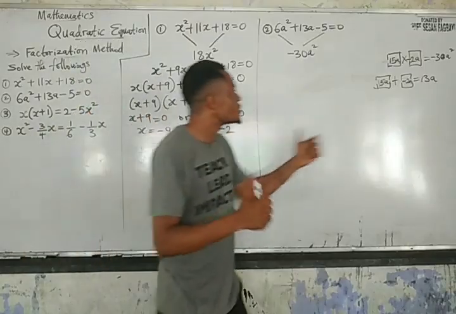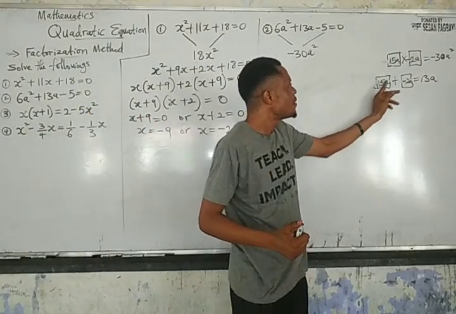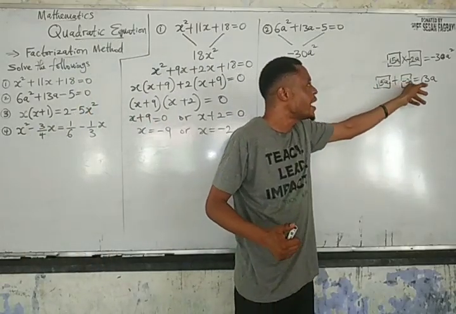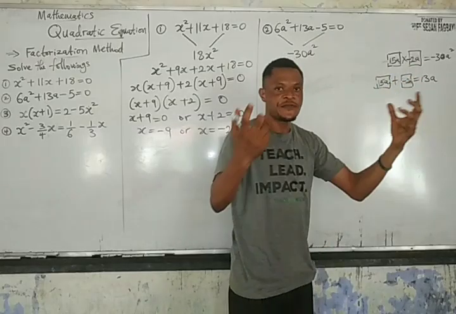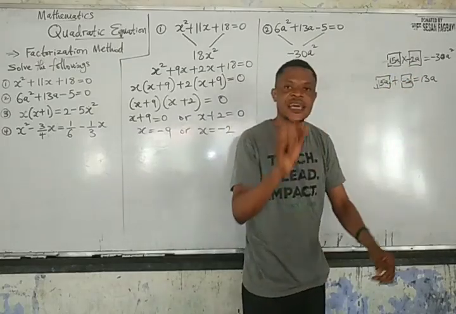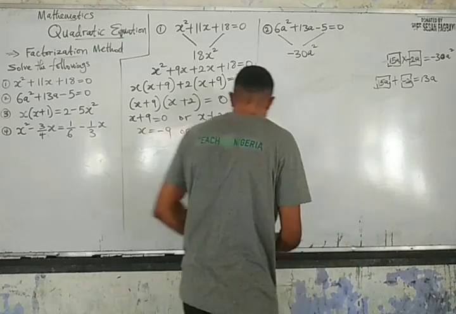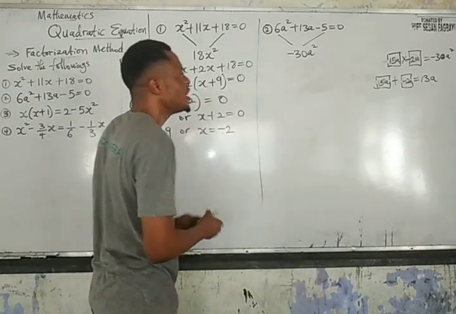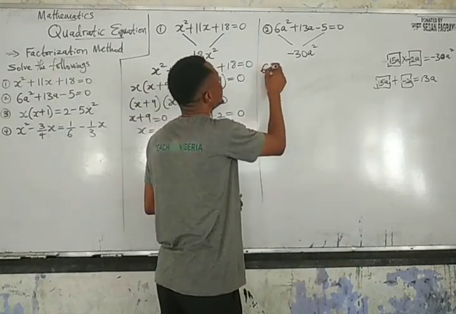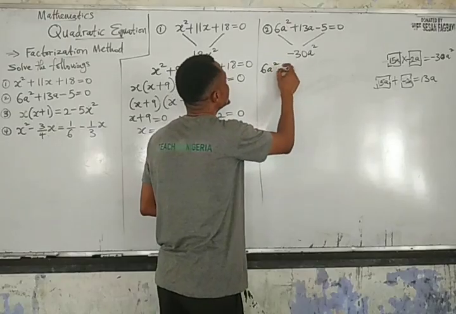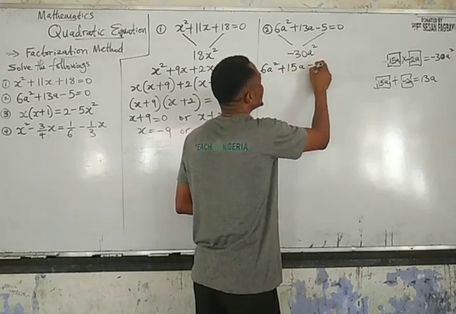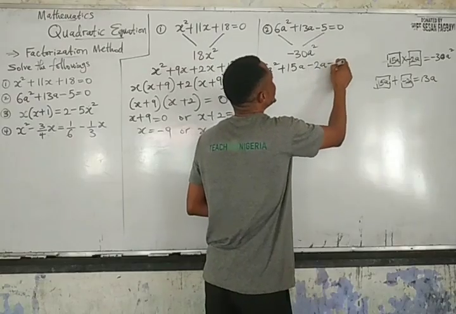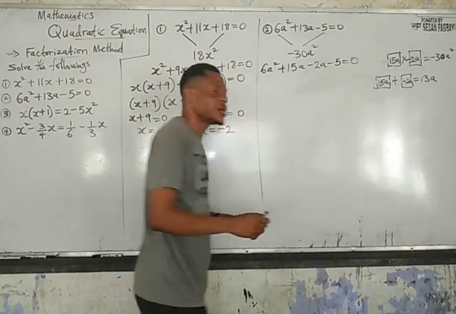Bingo! It works. 15a plus minus 2a, I have 15a, and I'm asked to remove 2a from it. It's going to give me 13a. So we have our factors here. So proceed by saying 6a squared, then plus 15a, and what? Minus 2a minus 5, all to give us 0.